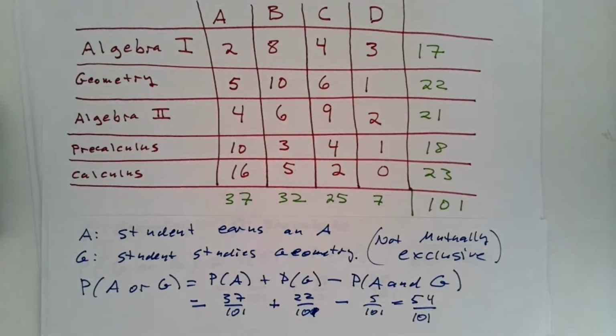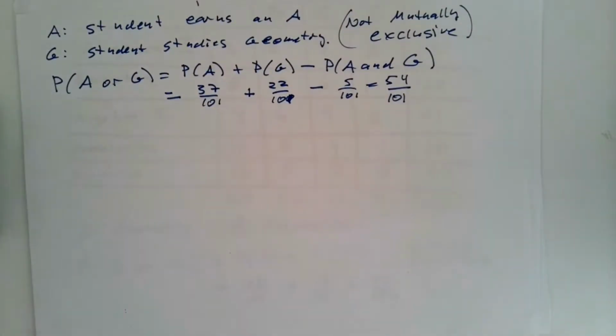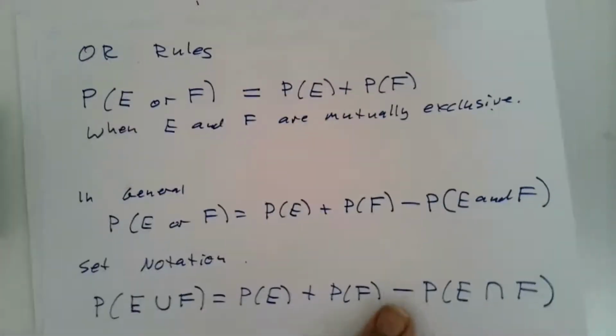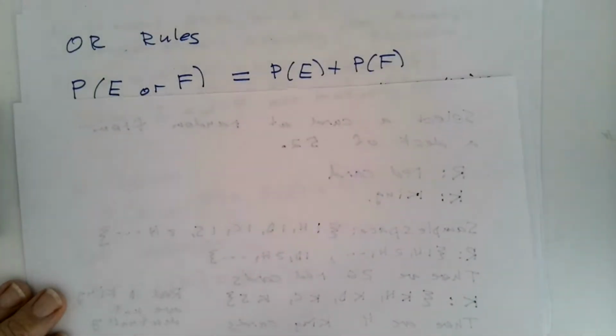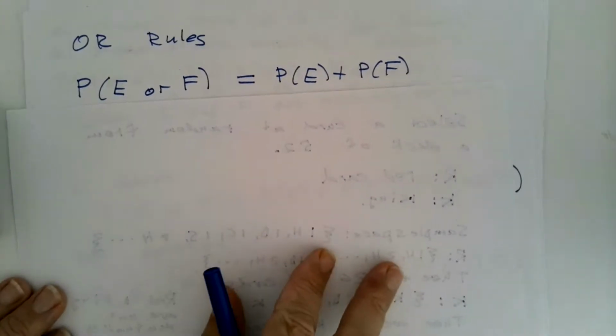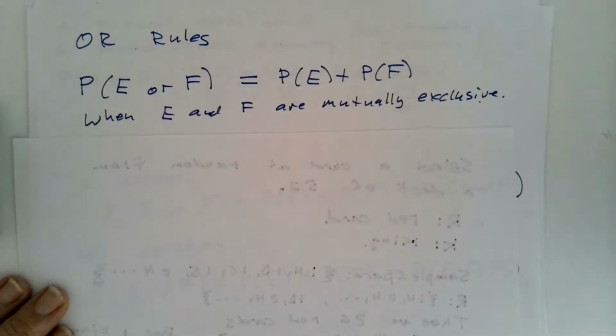Again, just to clarify one last time, let's take a look at our 2 rules: our OR rule for the mutually exclusive case and the general case. So what do we say? The probability of E or F equals the probability of E plus the probability of F when what is true? When those events are mutually exclusive.